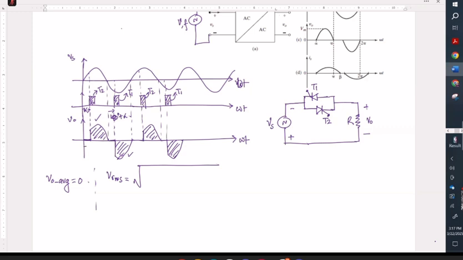So we will be considering from here, this is alpha and this is 180 degrees. So we can write it down as 1 over pi, alpha to pi, Vm sine omega t whole square multiplied by d of omega t.